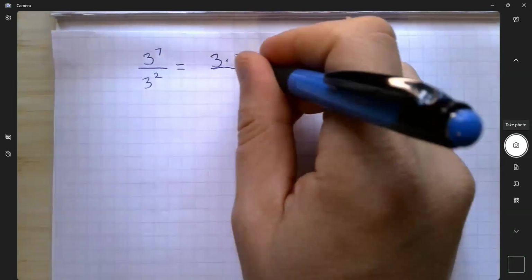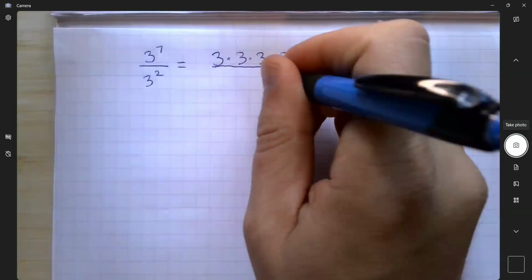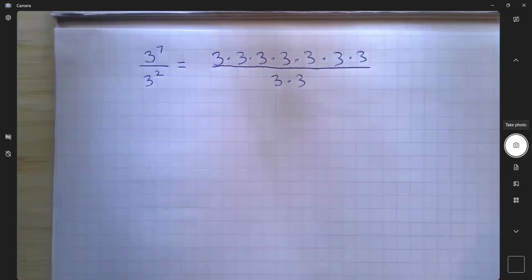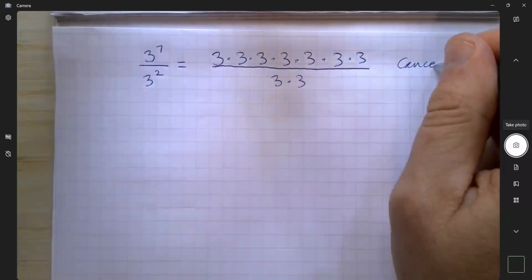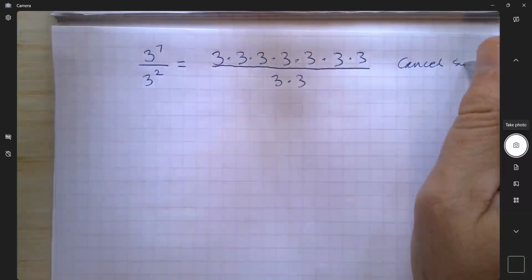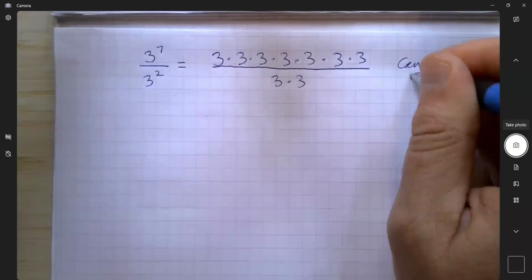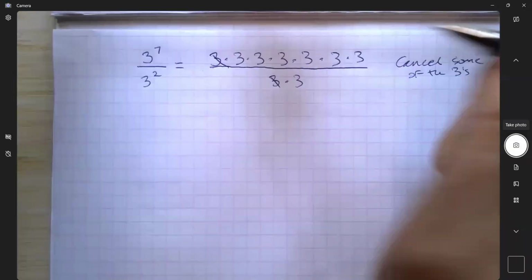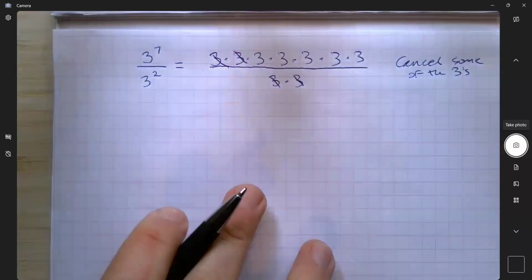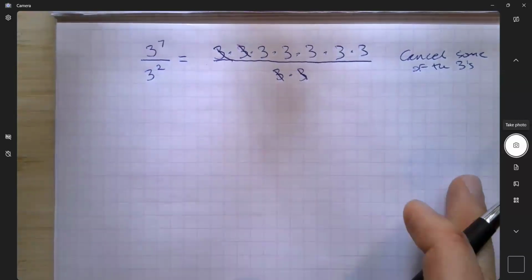There's 3 multiplied by itself 7 times on the top, and 3 multiplied by itself twice on the bottom. And now I cancel some of the 3's. Cancel that 3 and cancel that 3, because when we divide, we get to cancel.